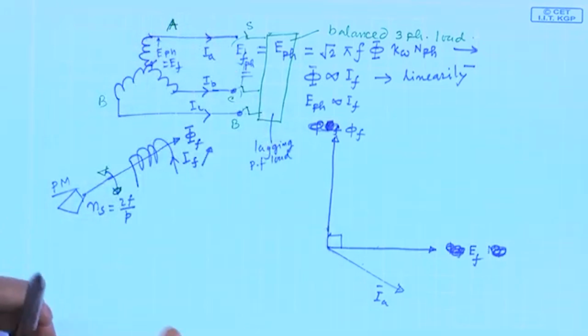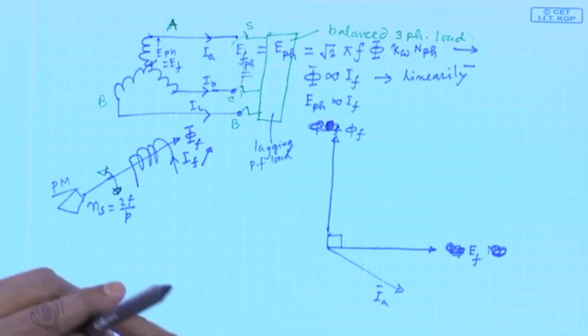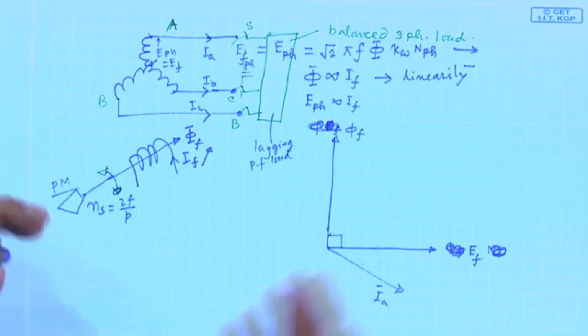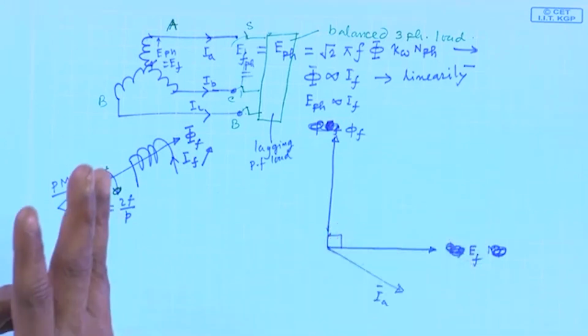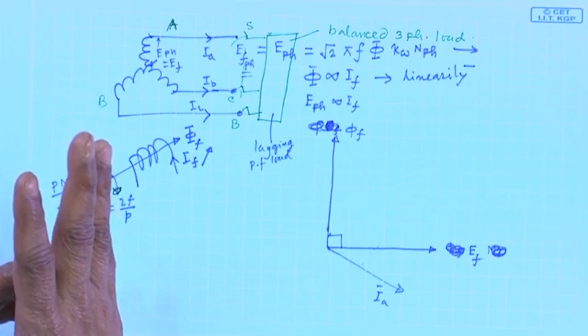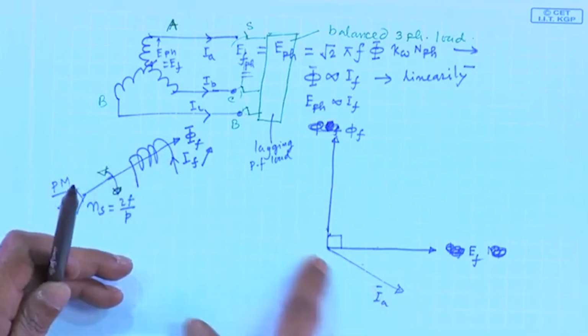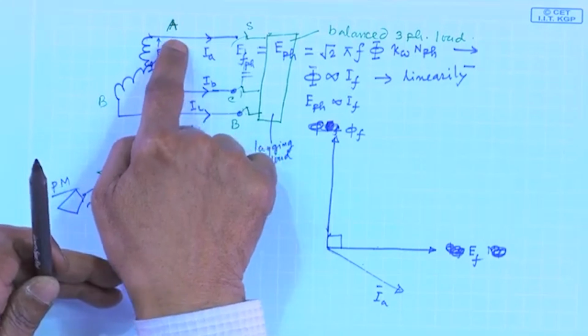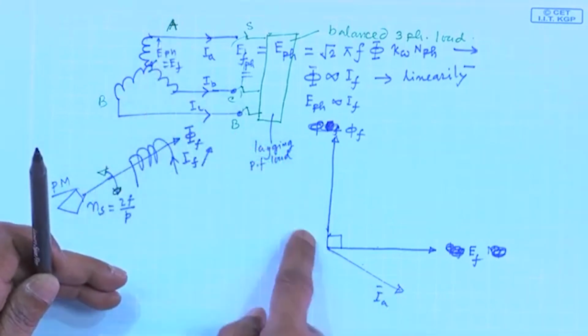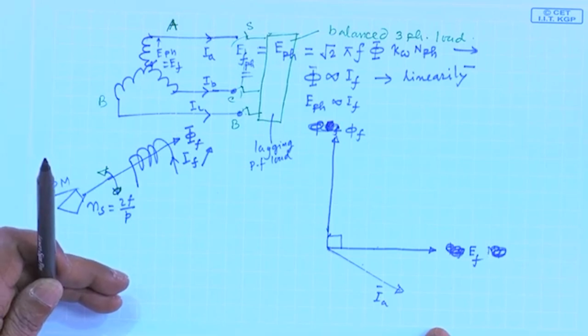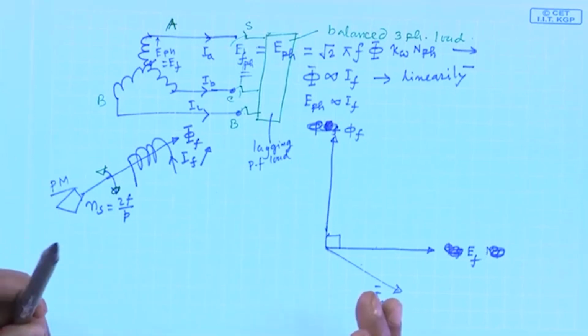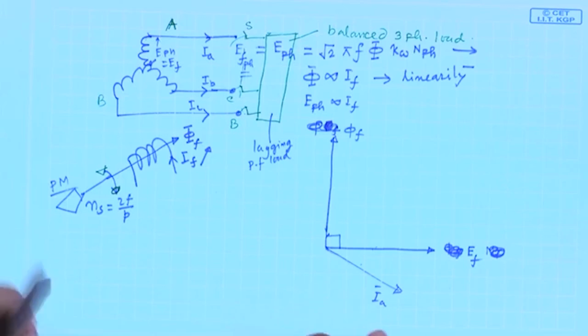We have already seen in case of a 3-phase induction motor that the armature field at a given time will be along this IA phasor, the RMS value of a phase current. That means the peak value of a phase current is also along this line, and it is very easy to identify. If you can identify one coil which is carrying maximum current, you will be sure the field is along that line produced by that 3-phase coil.